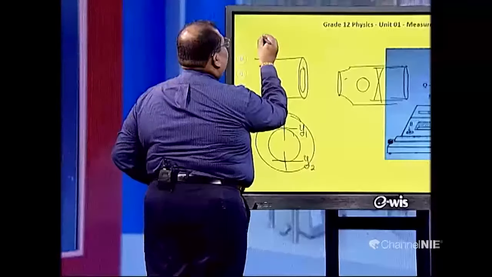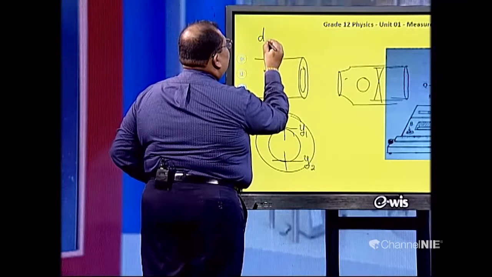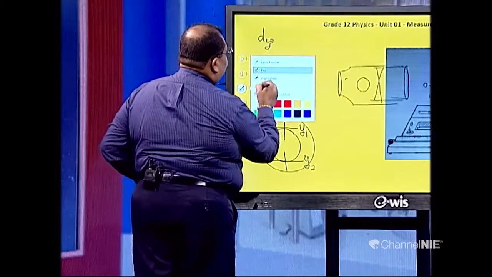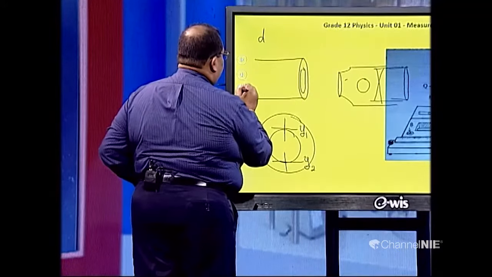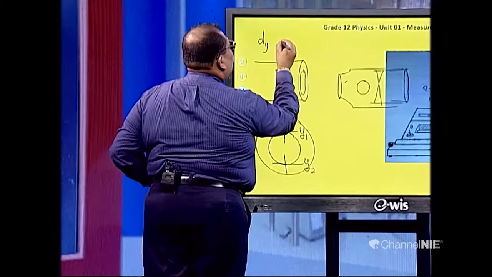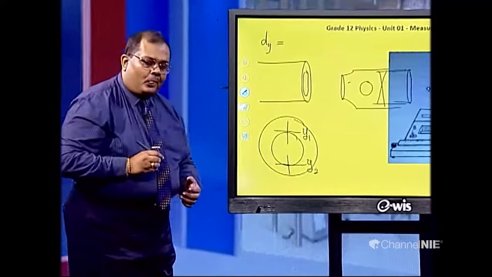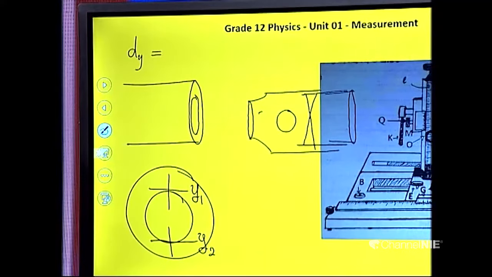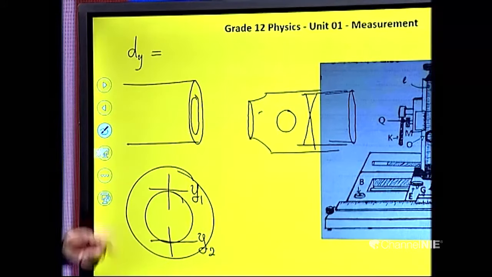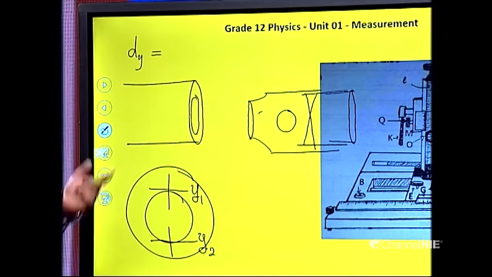The vertical diameter I can write here, vertically equals the difference of Y1 and Y2. If Y1 is greater, Y1 minus Y2. If Y2 is greater, Y2 minus Y1.